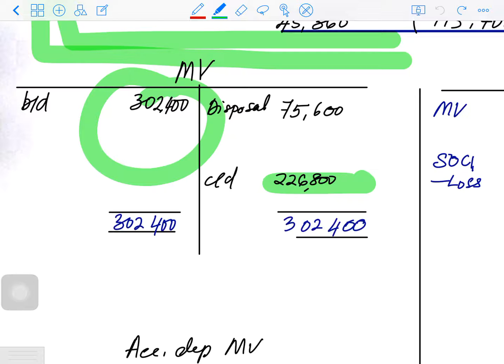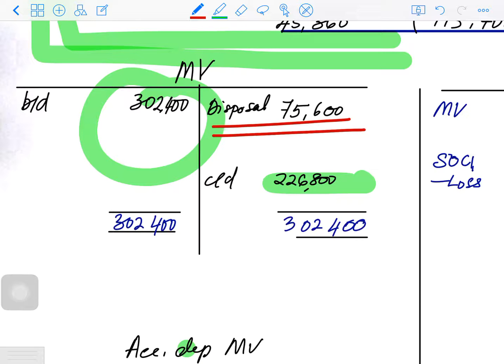Since there is no purchase, the difference between opening and closing balance would be only because of disposal, which is a decrease.